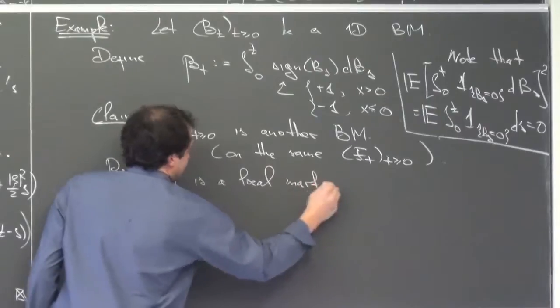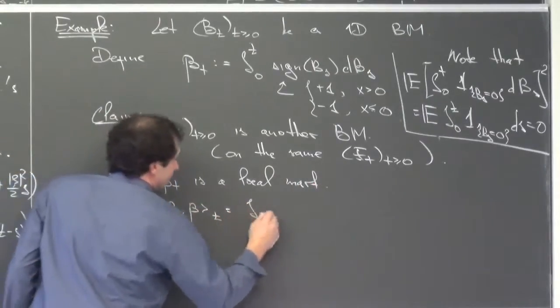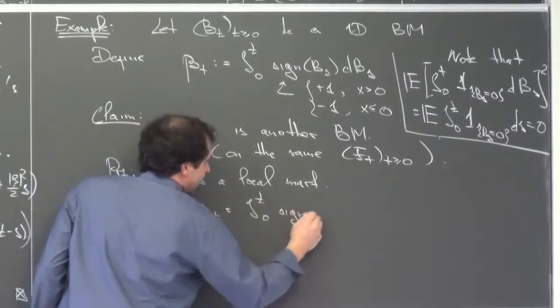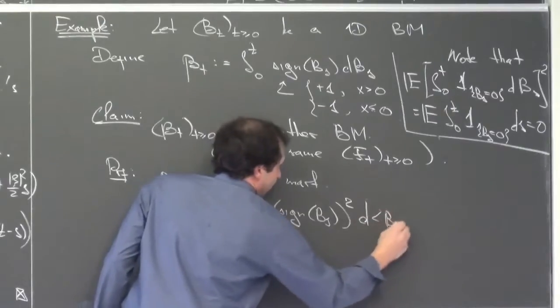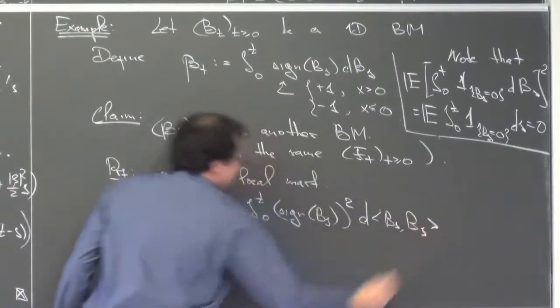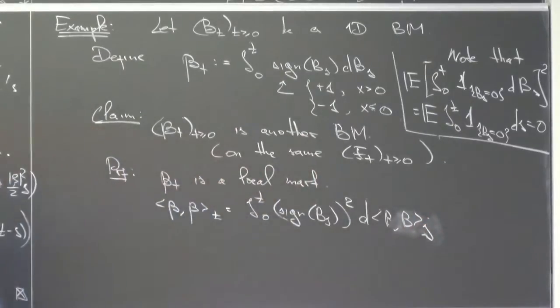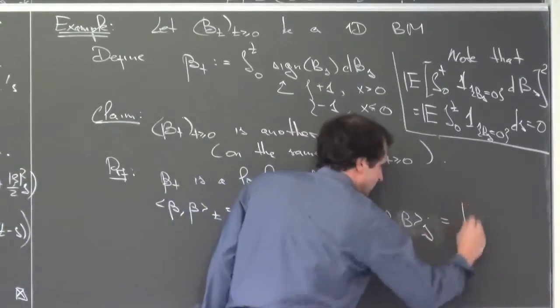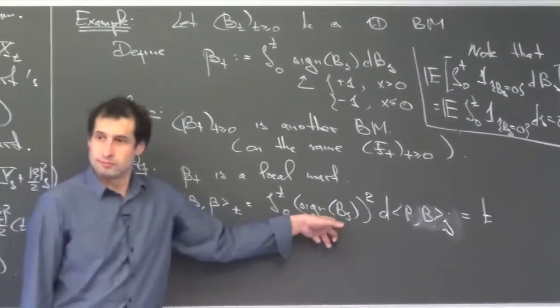And we also know that the quadratic variation is nothing but the integral of this sign squared, and this is t. Okay? This is 1.